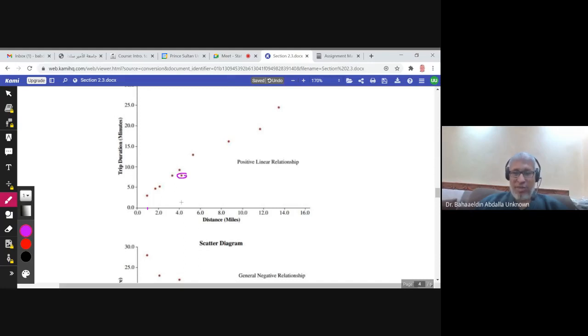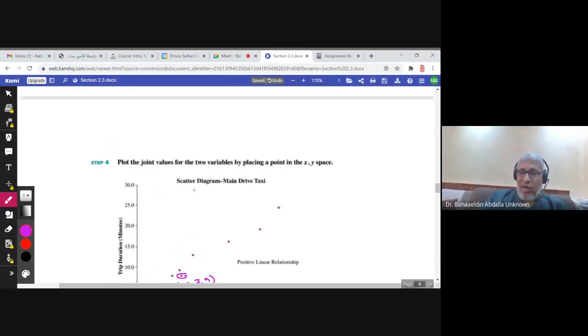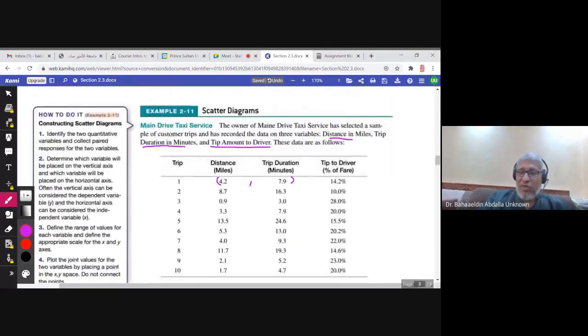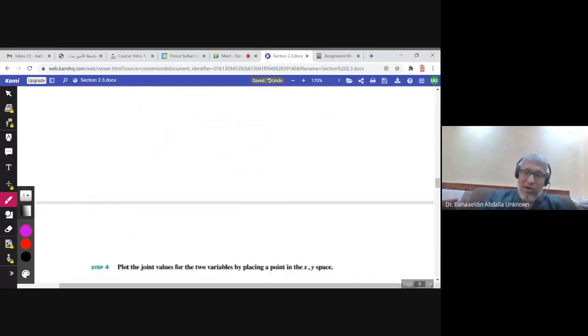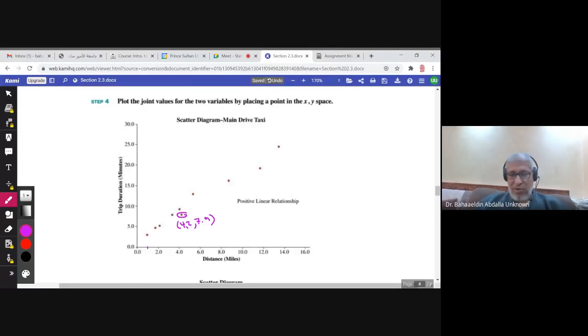This is the point representing 4.2 and 7.9. And so on, I do that for all of these points. For example, the point for 13.5 and 24.6: 13.5 is about here, and I go up to 24.6. So this is the point representing the ordered pair 13.5 and 24.6.